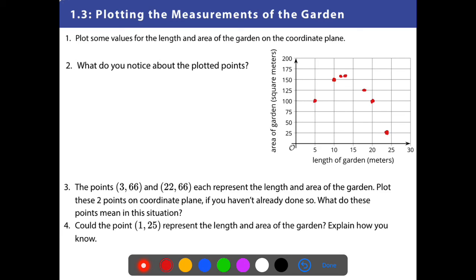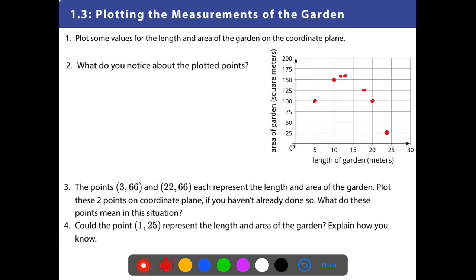And this is right because the width is 22 meters, and 3 times 22 equals 66. So the point (22, 66) means that the length of the garden is 22 meters, so its width is 3 meters, and the area is again 66.